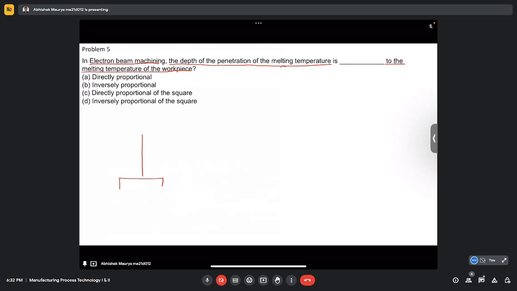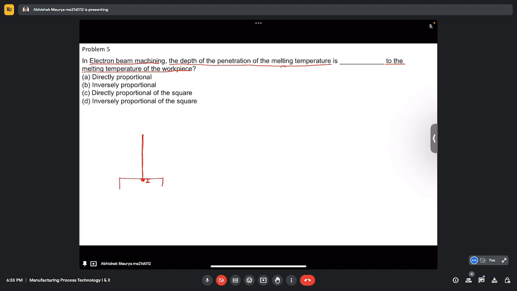Electron beam comes, and because of this beam, the material starts melting because of transfer of kinetic energy, which gets converted into heat and which melts down the material below the beam. And this depth, how much this depth will be related to the melting temperature. So that's what has been asked in the problem.